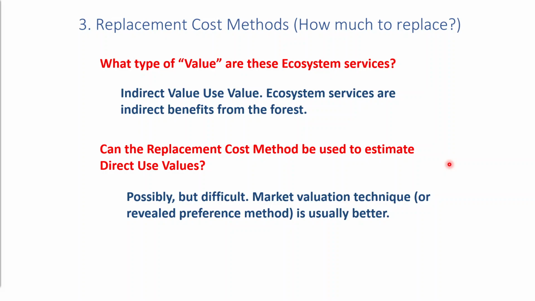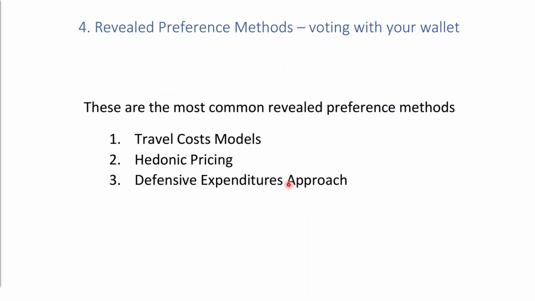Not a very reasonable estimate. So it would be very difficult. For direct use values, market valuation is typically better, or, as we'll talk about in a moment, a revealed preference method is typically better. All right. Next one, revealed preference method.